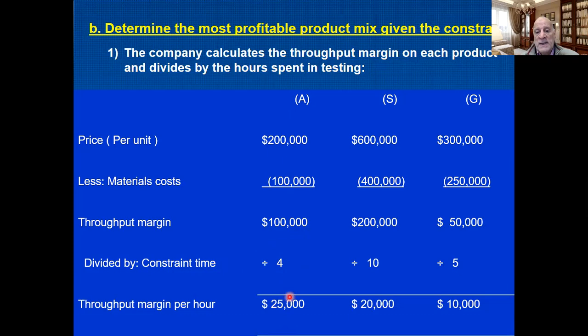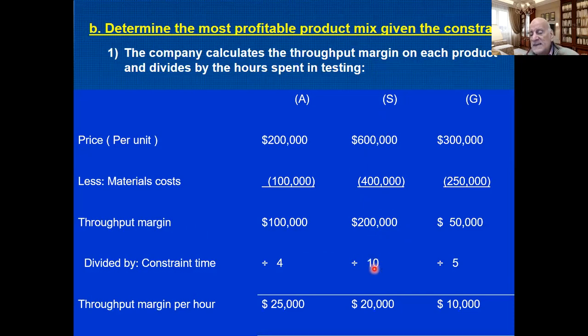As for the second product S, it gives a throughput margin of $200,000, but this margin is reached through using 10 hours.